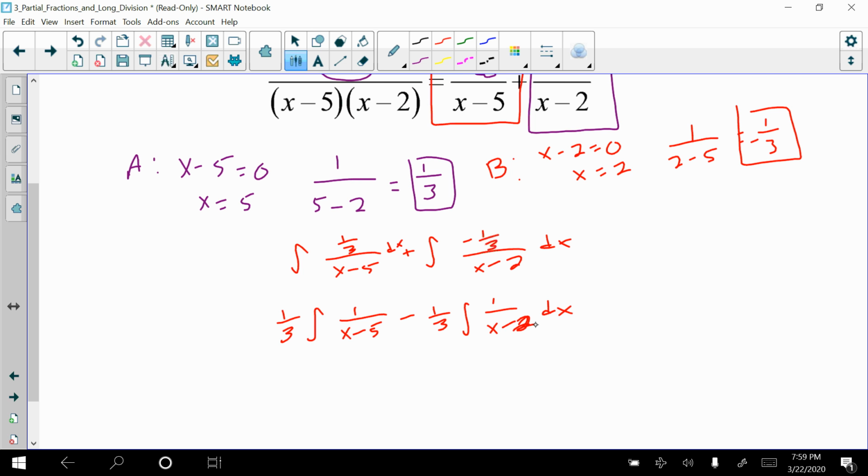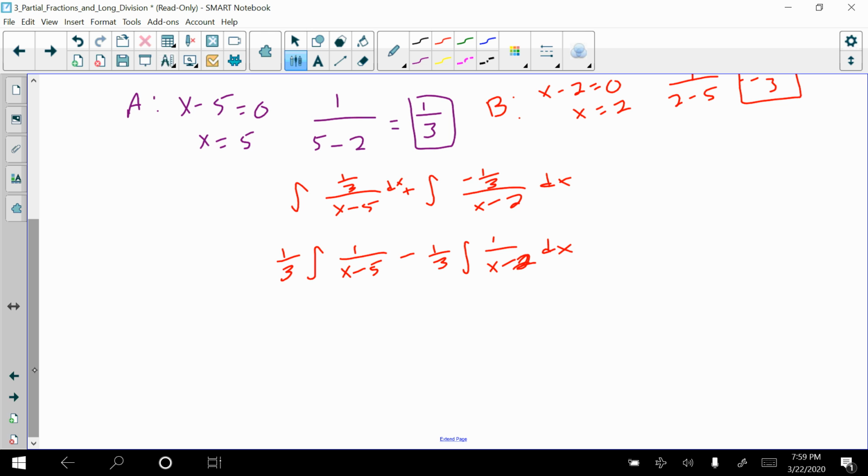And now we have something that's relatively easy to integrate. The antiderivative of that fraction is going to be a natural log.